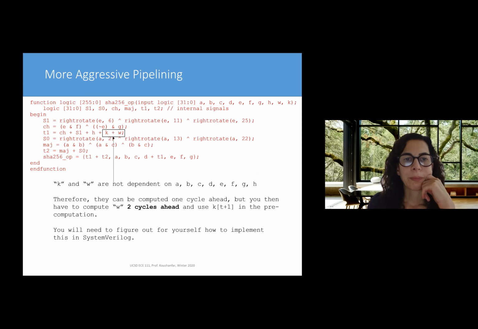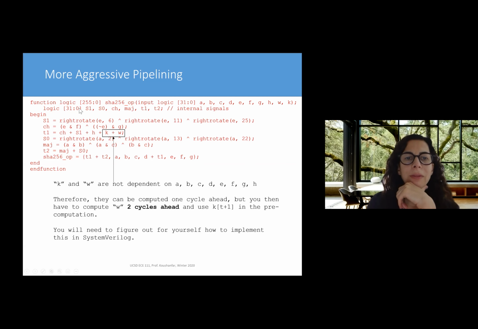Now, going through this computation in a piece of code, in a SHA-256 operation we have the input, which is 32 bits, basically one word, and then we have the eight 32-bit word registers.